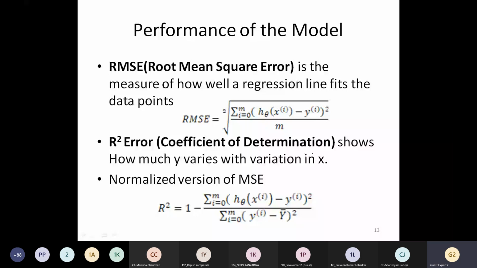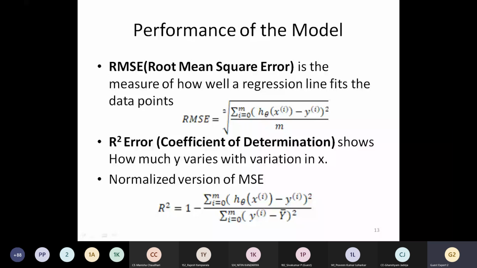So how can we measure the performance of our model? In a regression model, the performance is measured by these two metrics. First is the root mean square error and the second is the R2 error, also called the coefficient of determination.